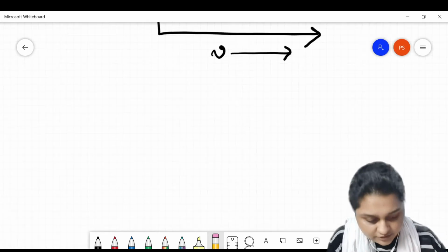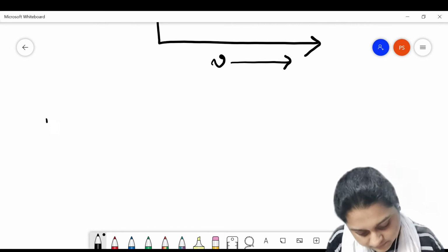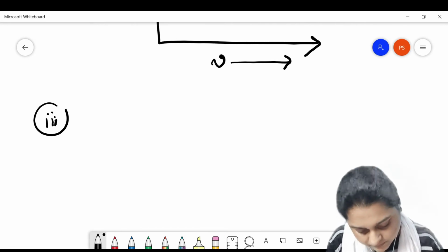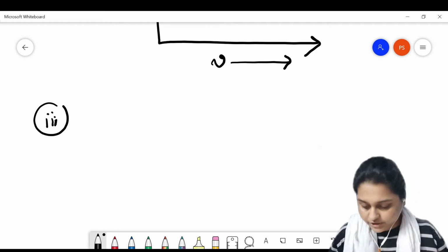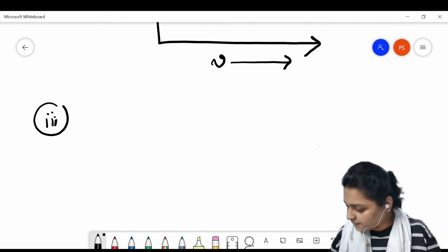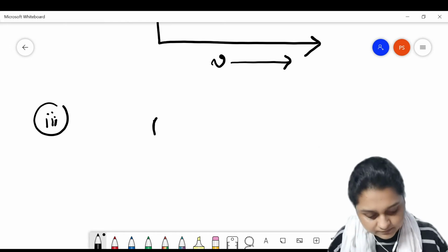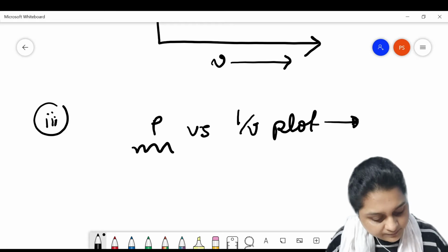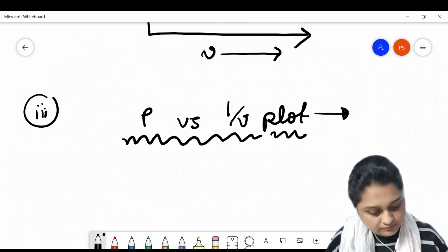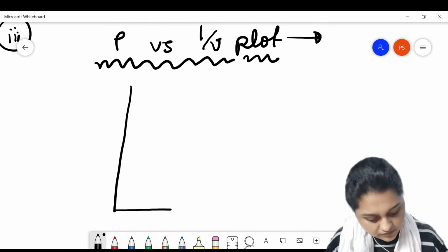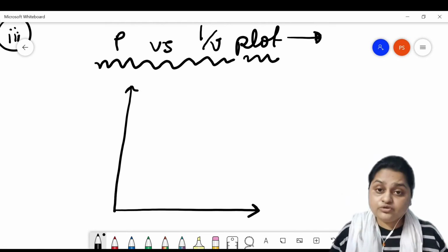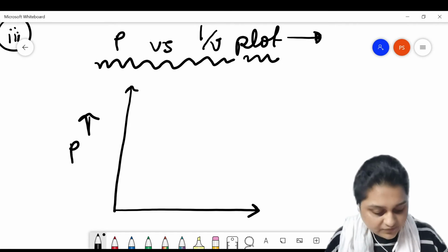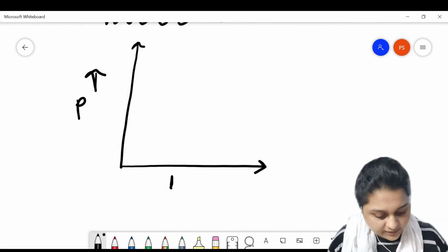Let's try to do another plot. This plot that we are going to study is of the type pressure versus 1 by volume plot, meaning we need to take pressure in the y-axis and 1 by V in the x-axis.